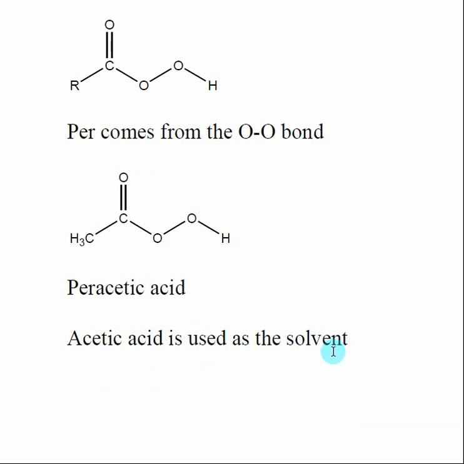Once again, if we say what solvent we're using, that means that we have to use acetic acid only. There are a lot of different solvents in the world, but we have to use acetic acid. So learning different reagents in this class is important. If I give you this molecule, you have to be able to tell me it's peracetic acid. And part of this is understanding what the reagents do.